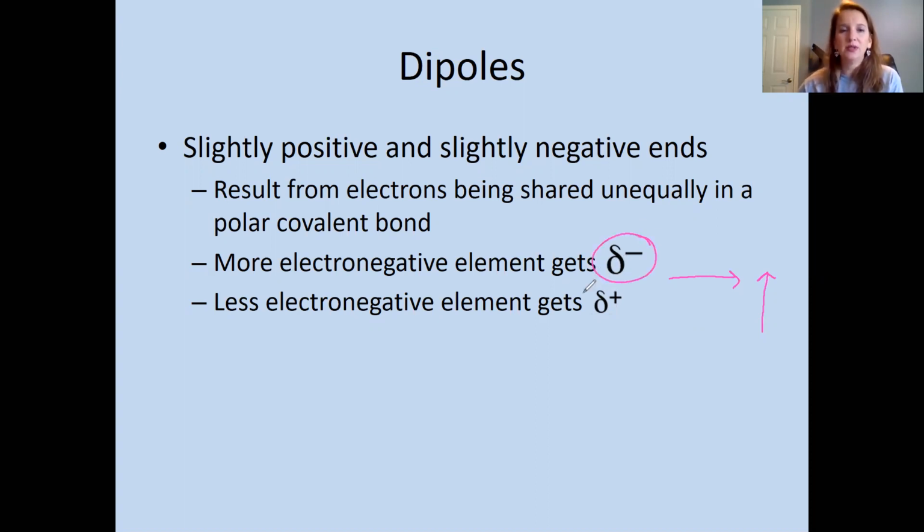The one that had the lowest electronegativity would get this dipole here, indicating it was slightly positive. These dipoles only go on polar covalent bonds, only on polar covalent bonds. Nonpolar bonds, because the electrons are shared equally, one would not be slightly positive or slightly negative. So these are only on polar covalent bonds, okay?